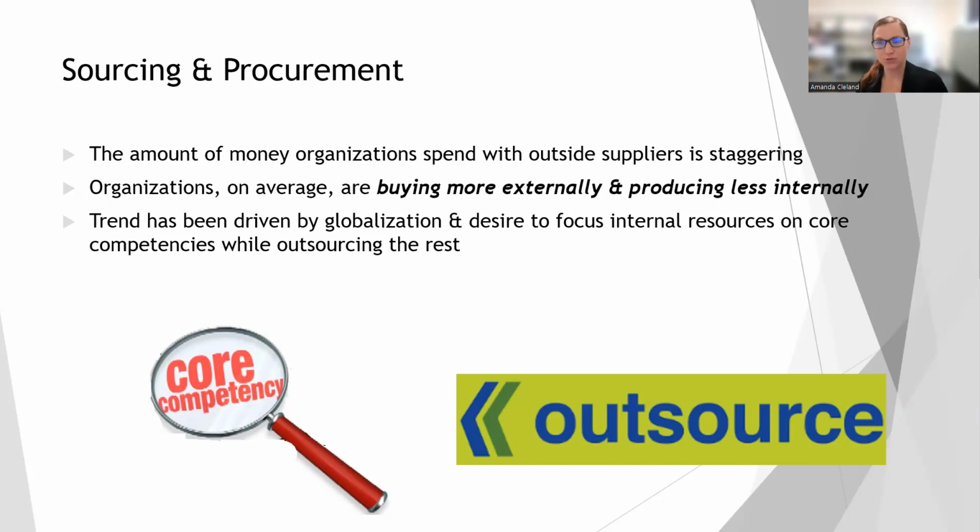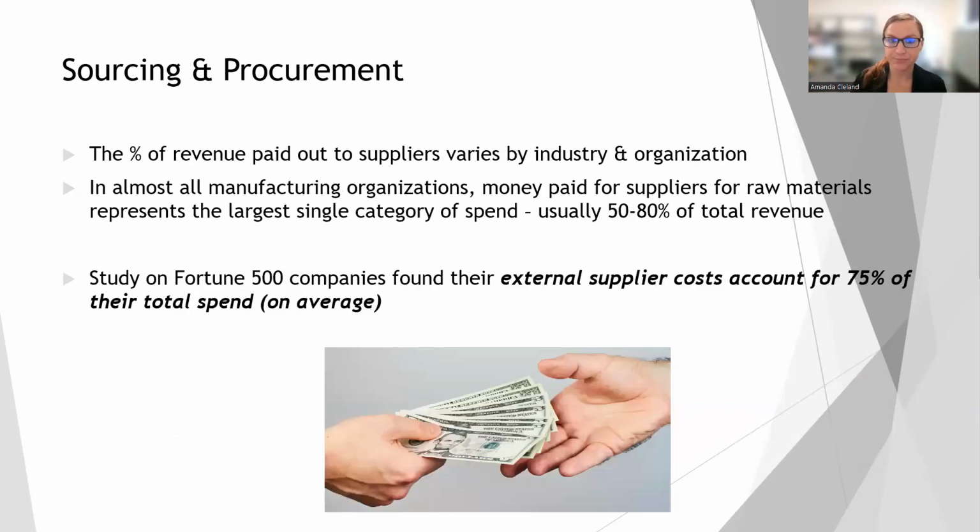They're going to outsource that to another company where janitorial is their core competency. So again, more and more companies are focusing on their internal core competencies and buying more from external suppliers. That is just a trend that is ongoing.